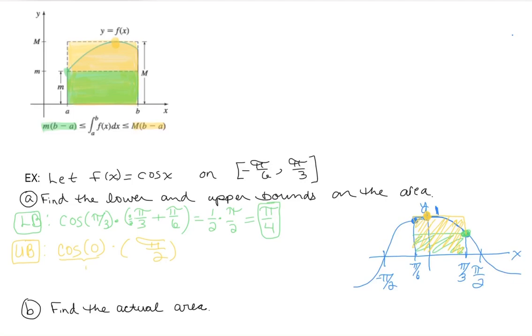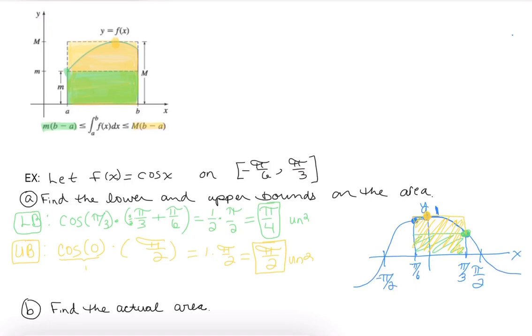And cosine of 0, of course, is 1. So we have our 1 times pi over 2. So the upper bound on the actual area is pi over 2. So we have pi over 2 square units as the upper bound and pi over 4 as the lower bound.